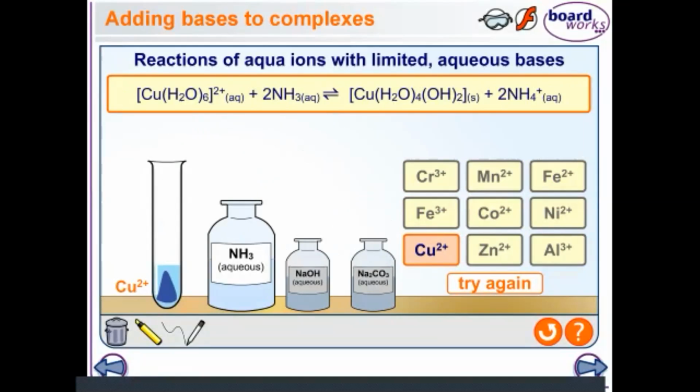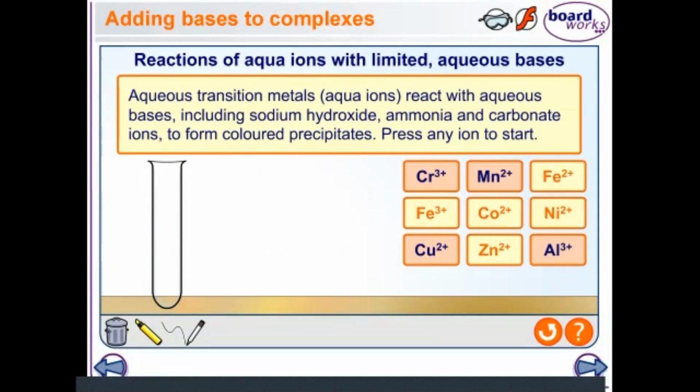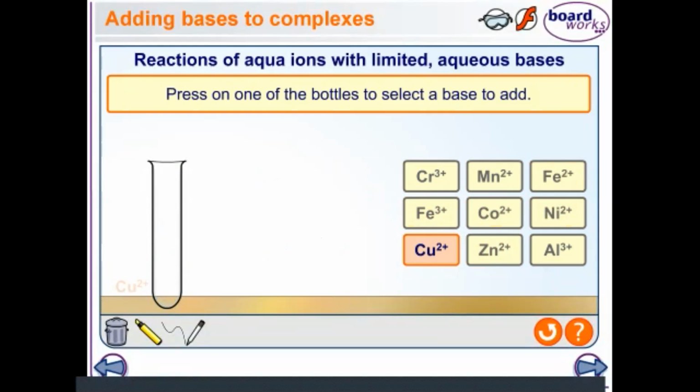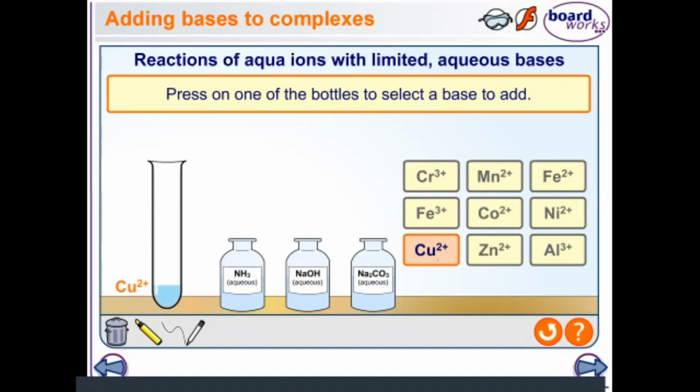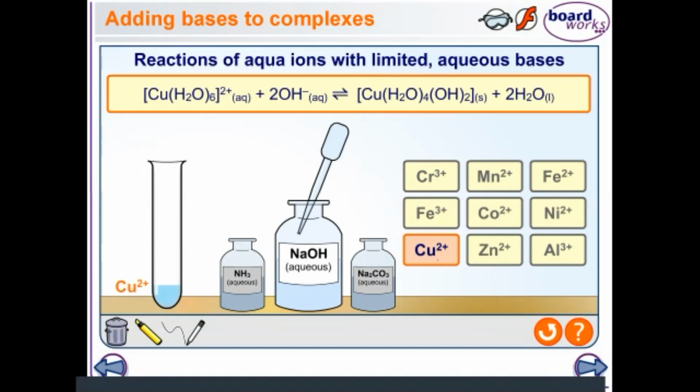Blue copper hydroxide precipitate. Now let's try to use sodium hydroxide. It also produced copper hydroxide precipitate.